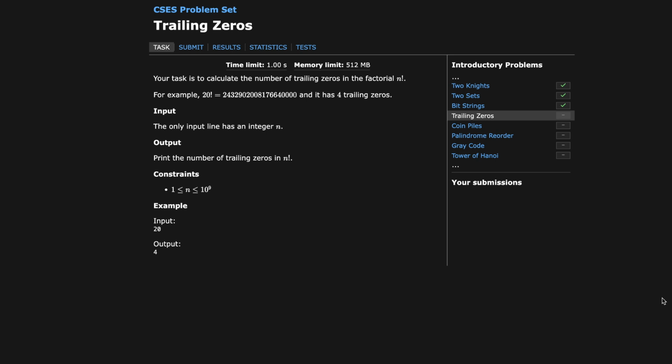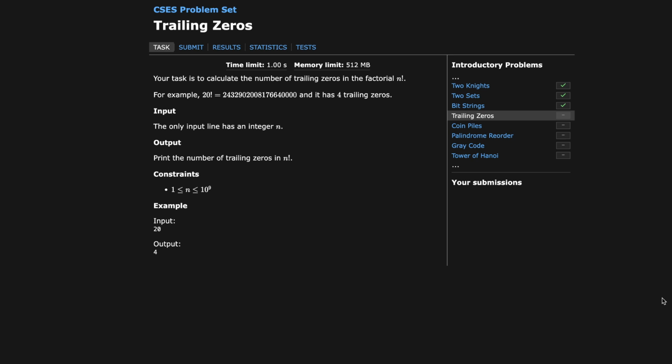So let's take a look at the prime factorization of the factorial n. You know that 10 can be written as 2 times 5, which are two prime numbers.